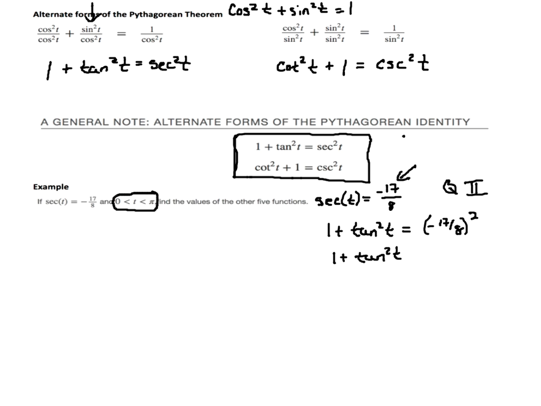Okay, so 1 plus tangent squared t equals, okay, let's see, 17 squared is 289, and 8 squared is 64.